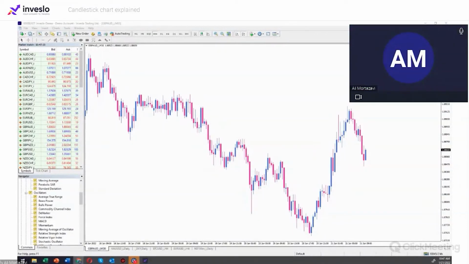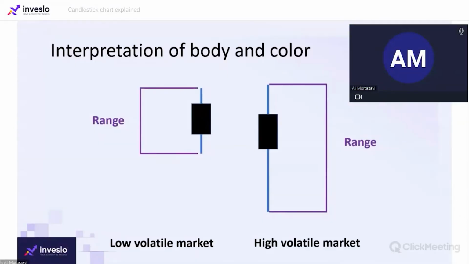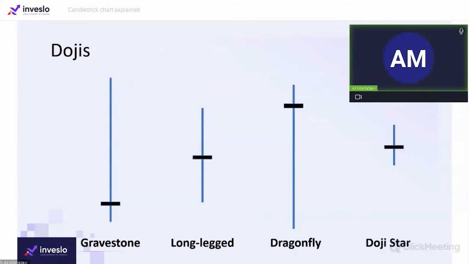Okay, shall we continue? Let's go back to the presentation, and after checking the long bodies, let's see one of the specific forms of candlesticks, the dojis.